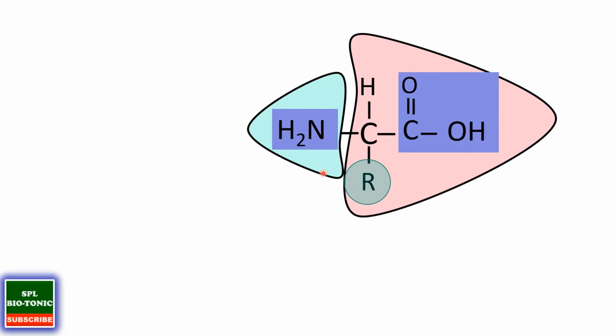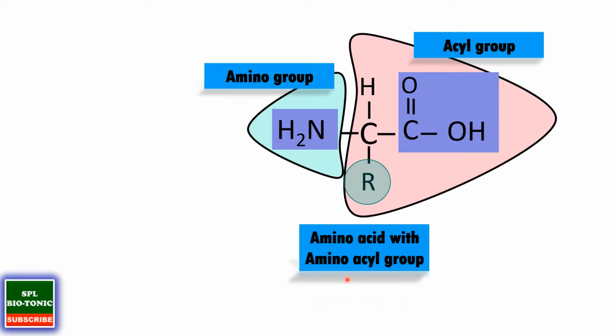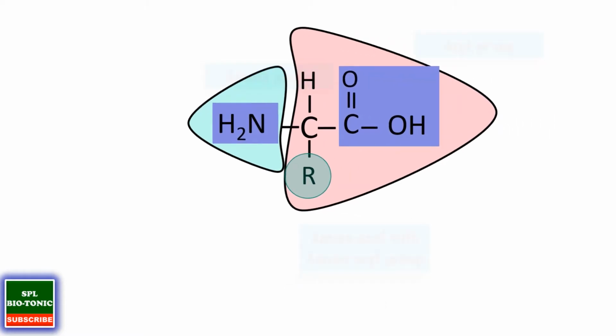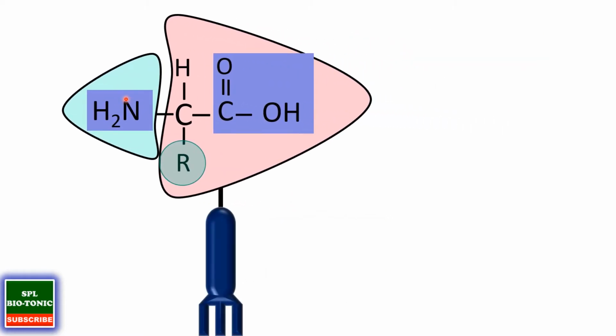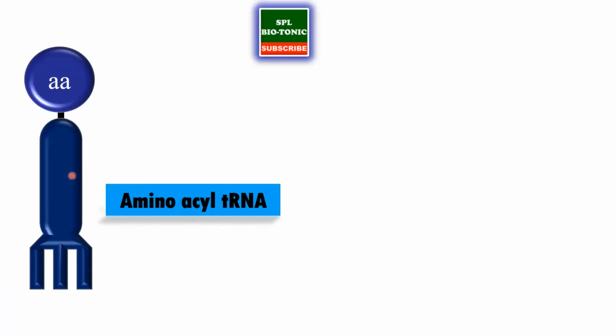This is the structure of an amino acid which we have seen earlier. Now, it has an amino group on one side and it has an acyl group on the other side. As this amino acid has both amino group and acyl group, therefore it is termed as amino acyl group. Now, as this amino acyl group is attached to this tRNA, therefore this tRNA is termed as amino acyl tRNA.